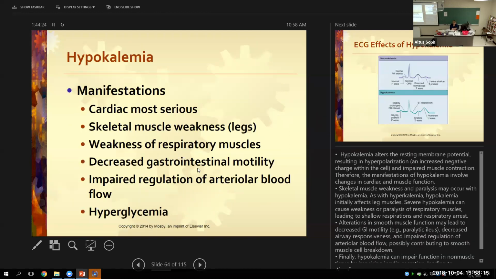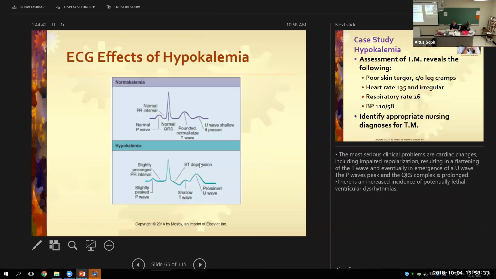So we're most worried about the cardiac status, the rhythms he might be having. He probably is having muscle cramping and weakness, weakness of the respiratory muscles, decreased GI motility, impaired regulation of arterial blood flow, and possibly hyperglycemia. Now, I know that some of you don't know much about cardiac rhythms yet, but what you are at risk for when your potassium is too low is having PVCs, premature ventricular contractions, and going into VTAC or VFib.